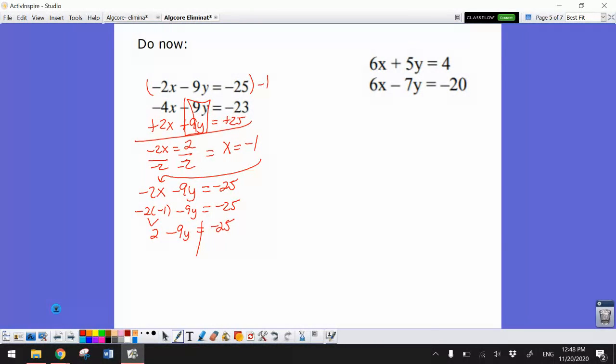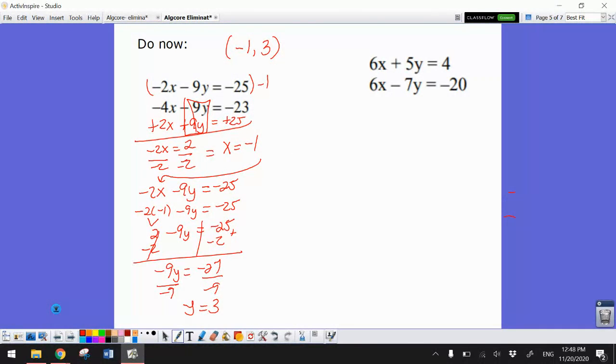Okay, so moving my 2, I need to subtract because that's a positive 2. -9y drops. -25 minus 2 is a -27. Divide by your -9. Y is going to equal a positive 3. So I have a solution of -1, positive 3.